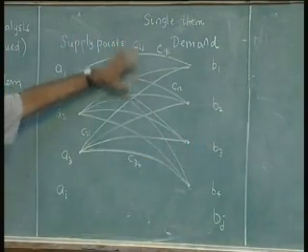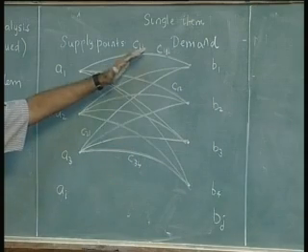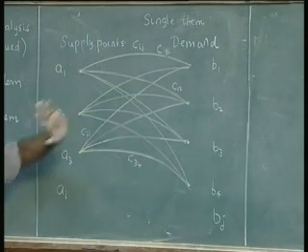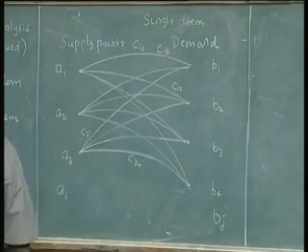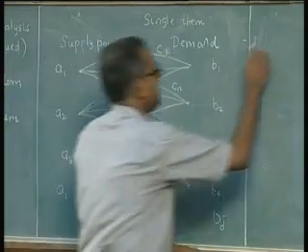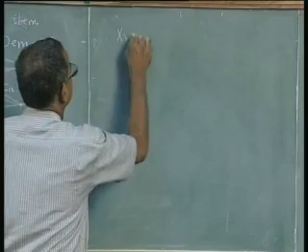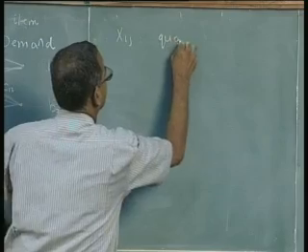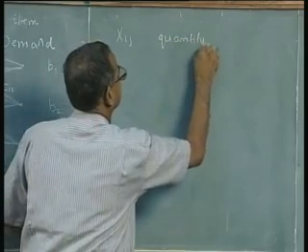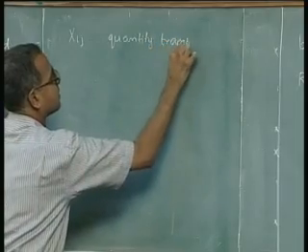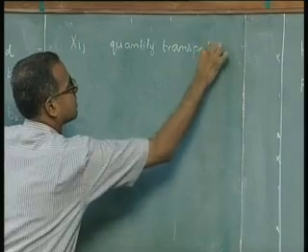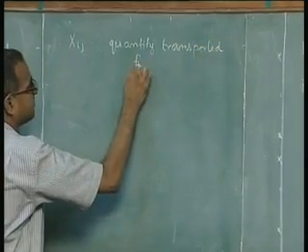Unit transportation cost is Cij from point i to point j. How do we transport from this? So the formulation would be like this: Xij is the quantity transported from i to j.